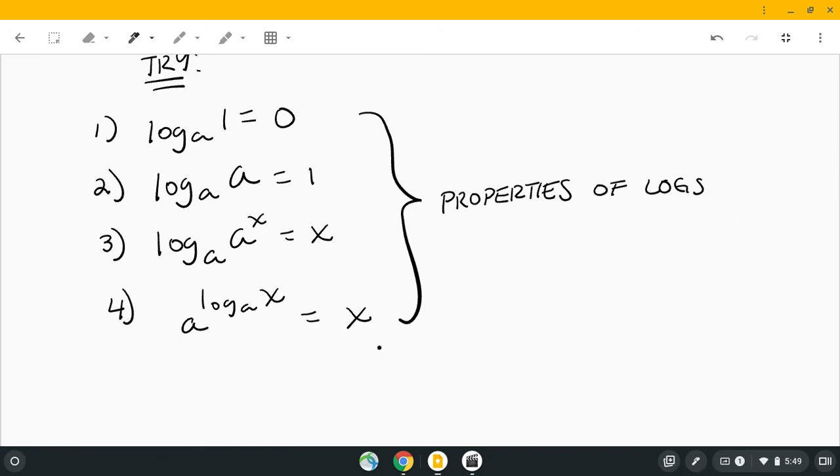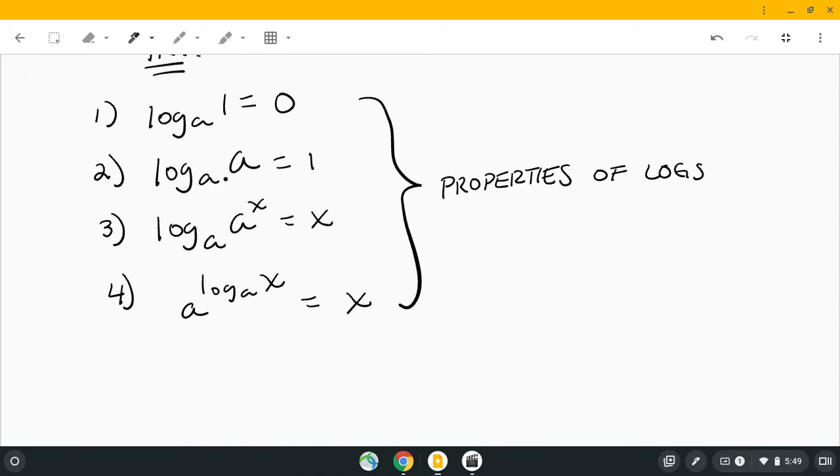So these are basically saying log of 1 is always going to be 0, no matter what the base is. And here, if you're taking the log of a with base a, you're always going to get 1. So if it's log base 10 of 10, 1.